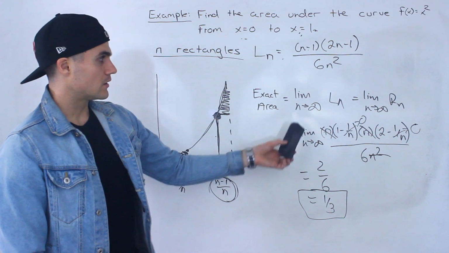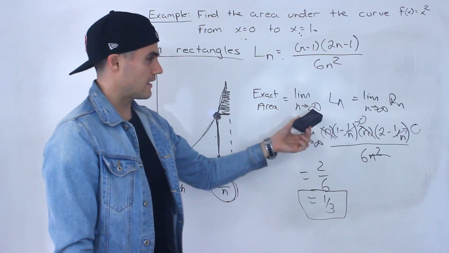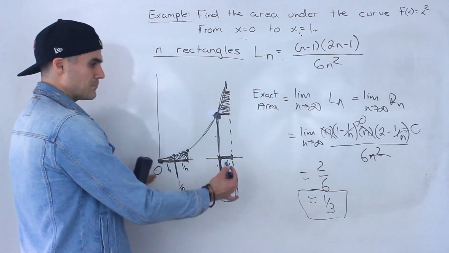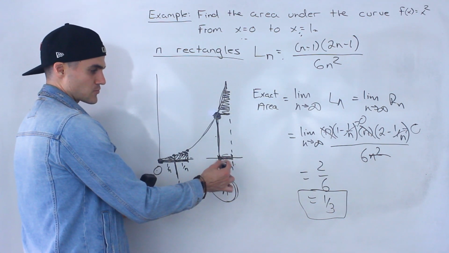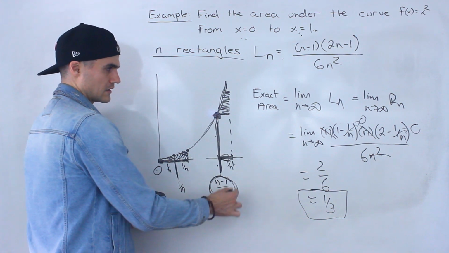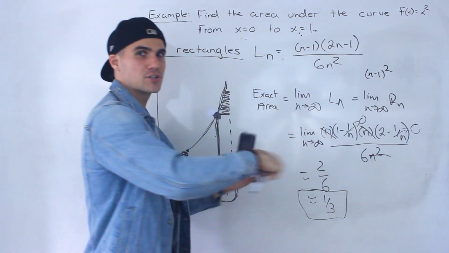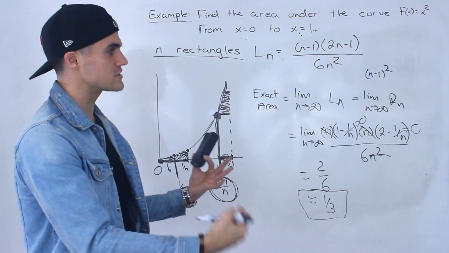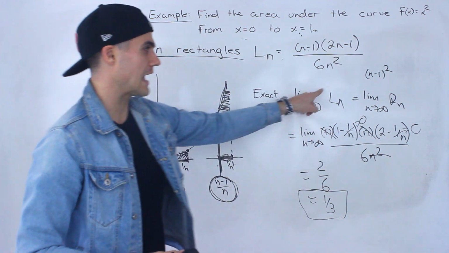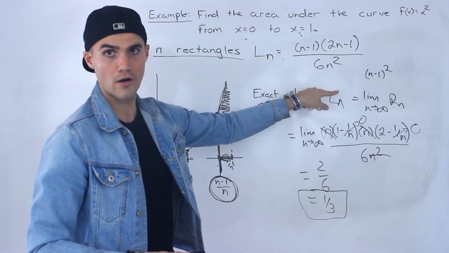And if you remember, it's erased now on the board, but when we dealt with Ln, because the height of the last rectangle was at this point, that last expression was n minus 1 to the power of 2, so we had to adjust the series formula. That's why I feel like Ln is a little tougher to deal with than getting an expression for Rn.